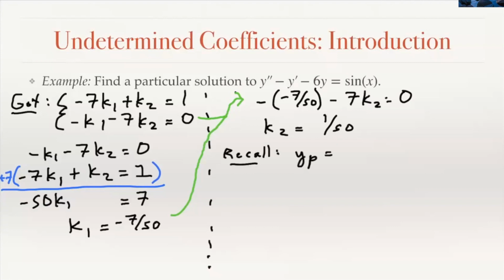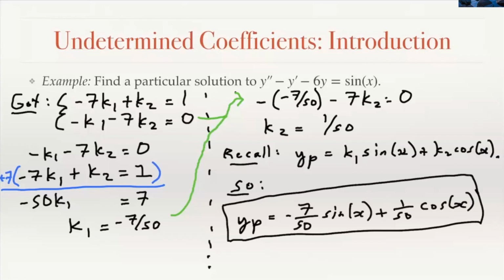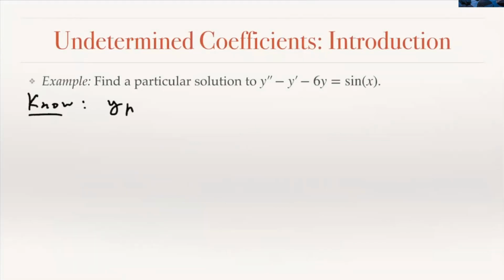Recall this was solving for the coefficients k1 and k2, and y p is k1 sine x plus k2 cosine x. So we have our particular solution of negative 7 over 50 sine x plus 1 over 50 cosine x. We already knew that y h was c1 e to the negative 2x plus c2 e to the 3x.